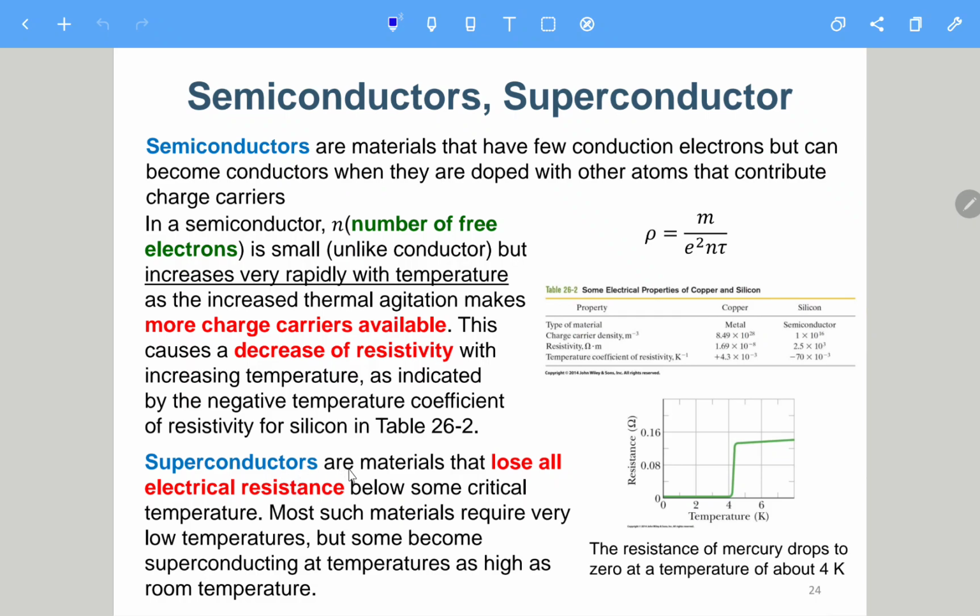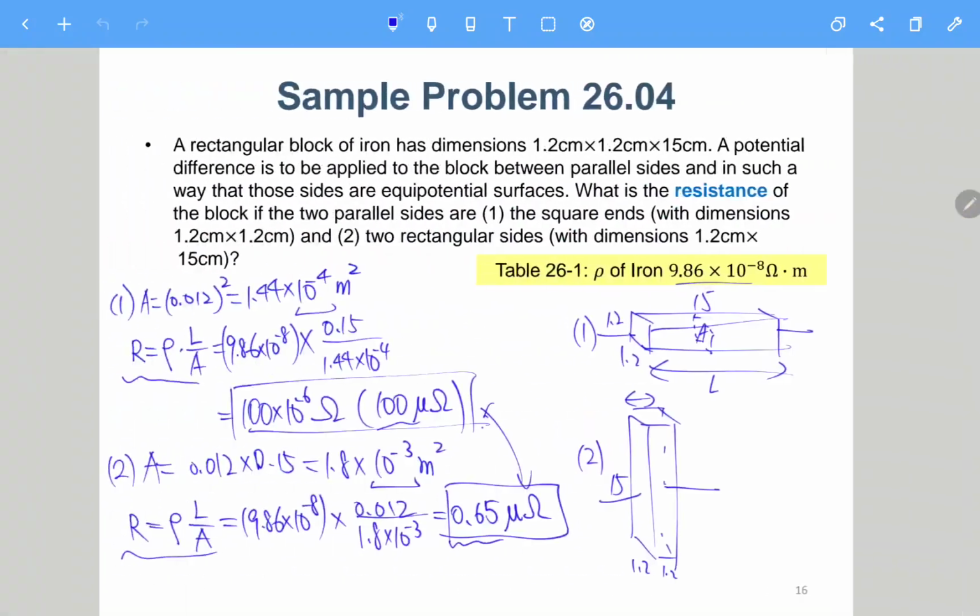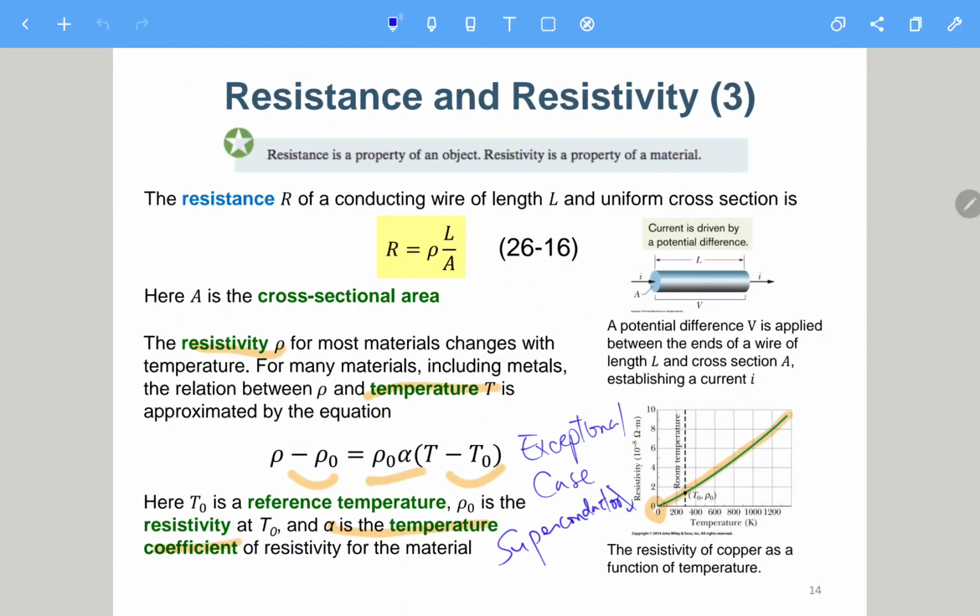So it is very interesting. Superconductors are materials that lose all electrical resistance below some critical temperature. Just now we mentioned that the resistivity is proportional to the absolute temperature, like this page.